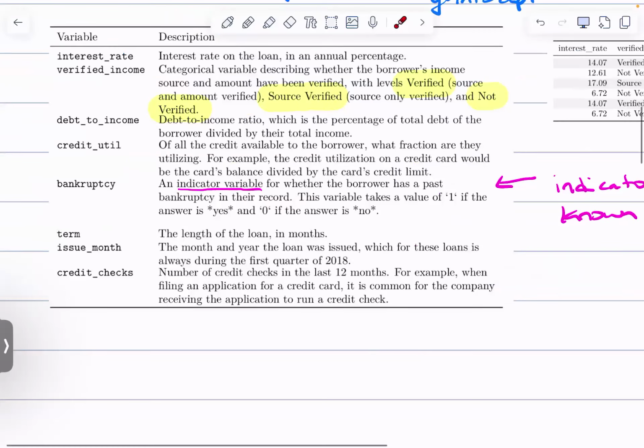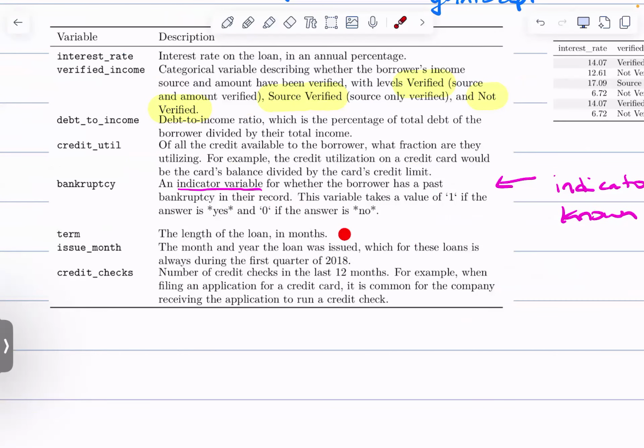The term of the loan is the length of the loan in months. Okay? The issue month for all these loans is the first quarter of 2018. Okay? And then the credit checks is the number of credit checks in the last 12 months. Okay?